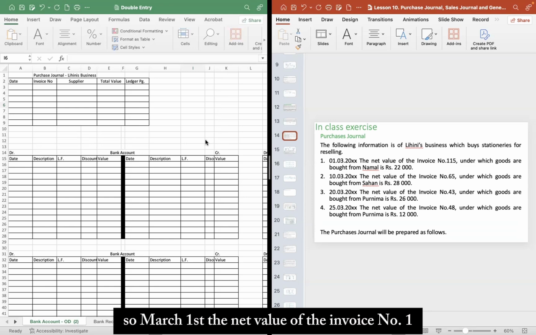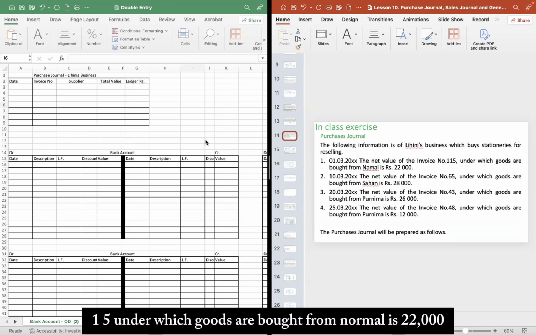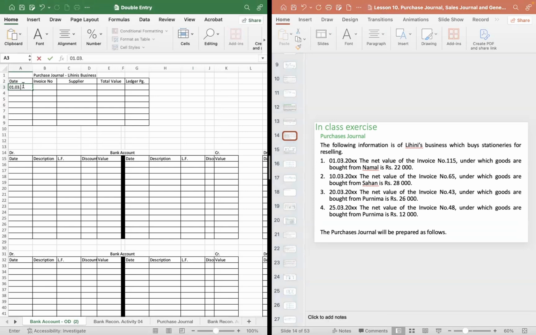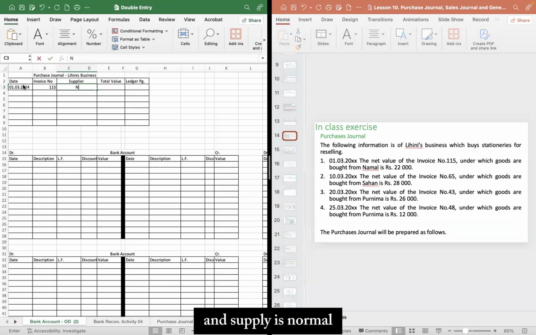March 1st, the net value of invoice number 115, under which goods are bought from Normal, is 22,000. Firstly you put the date, 1st March 2024, invoice number 115, and supplier is Normal.